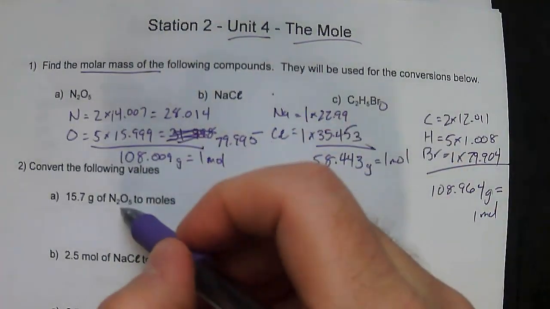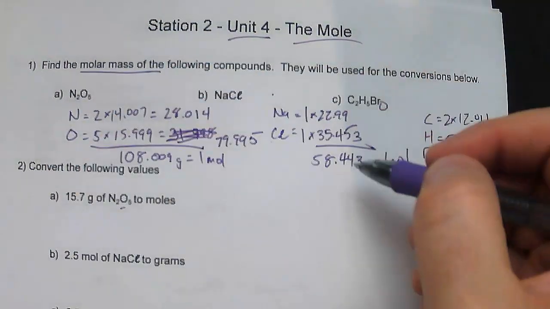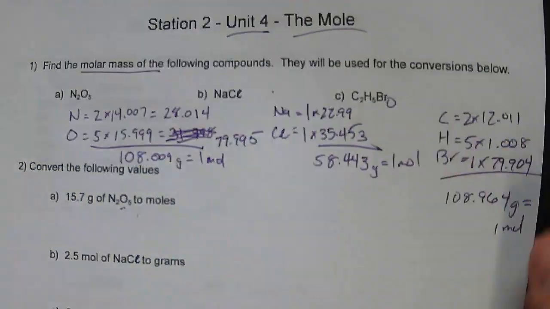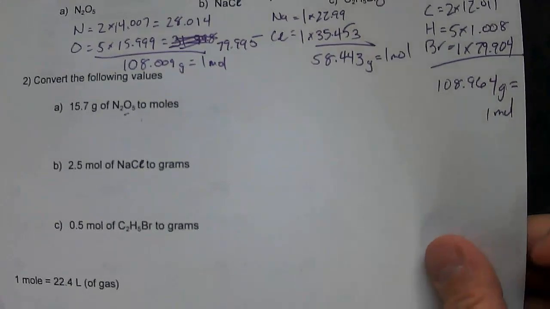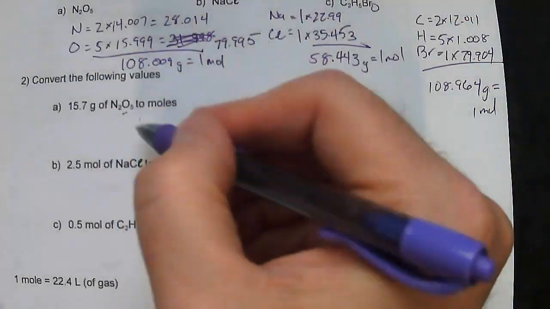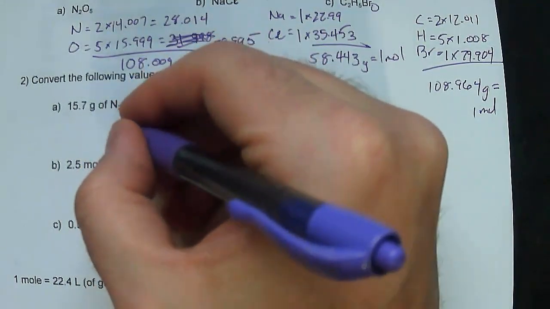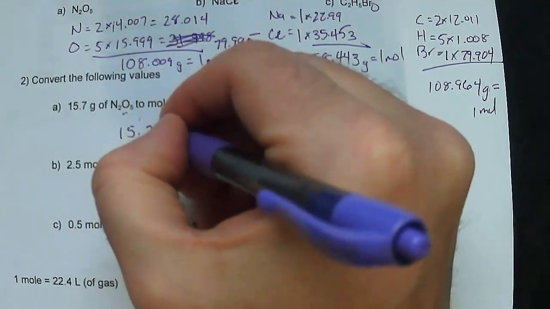Okay, and then we're going to use the molar masses that we just found to calculate this. So remember, X line. We start with the number in the problem, 15.7 grams.